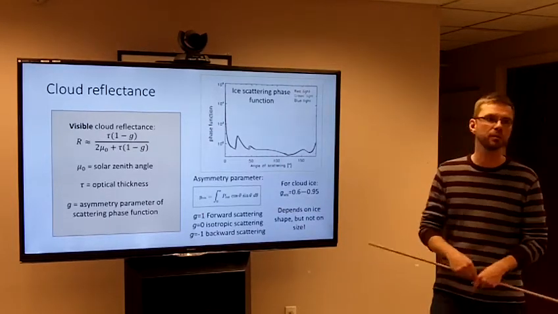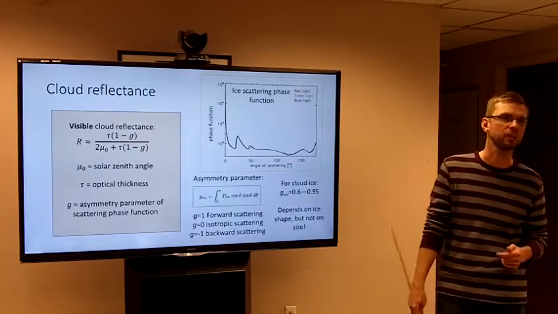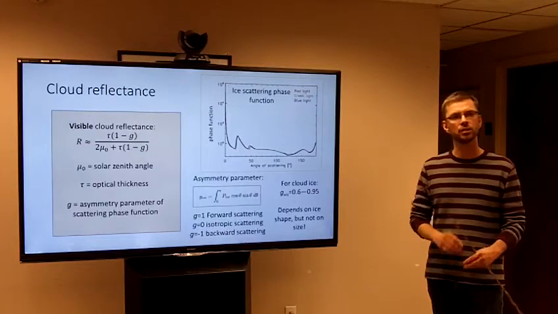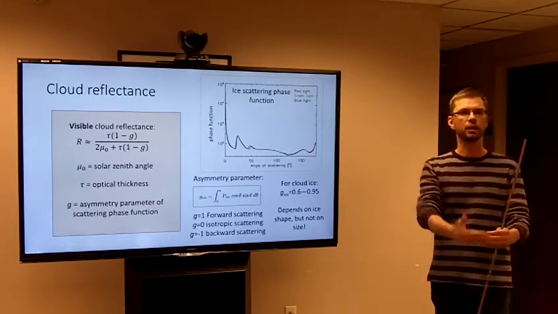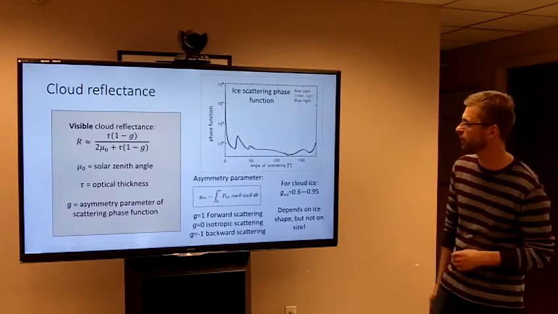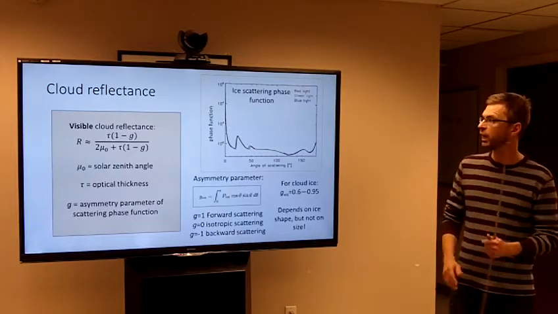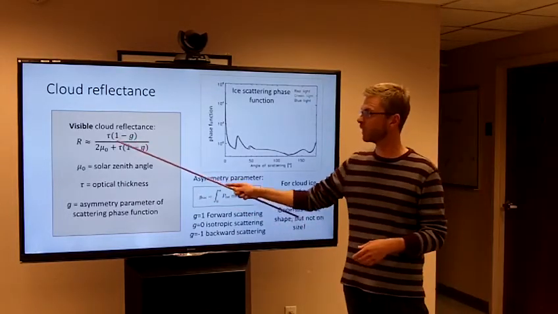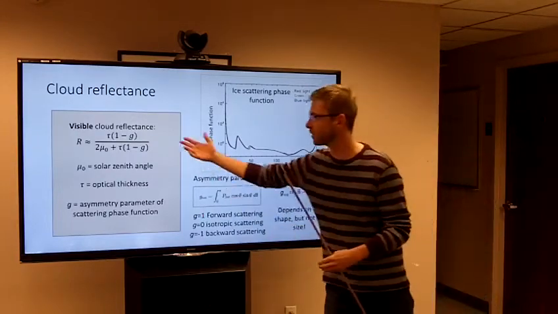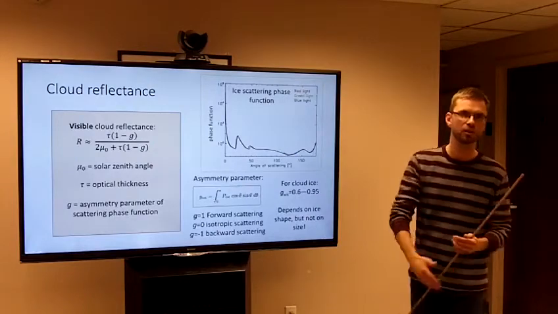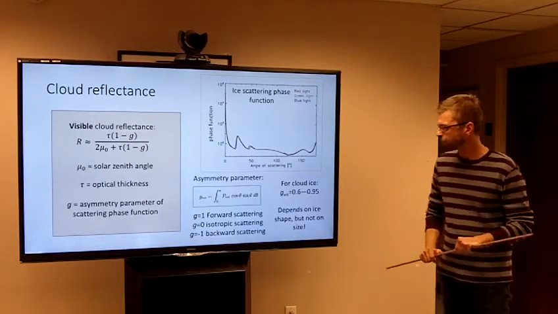And the asymmetry parameter is really the first moment of this phase function, and tells you how much light is going in the forward hemisphere when it's scattered, and how much light is going in the backward hemisphere. And so when the g is 1, all the light goes forward. And you can see if it's 1, then scattering basically has no influence, because all the light is just going straight forward, and the reflectance will be 0.